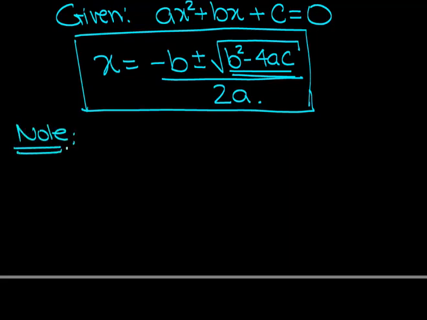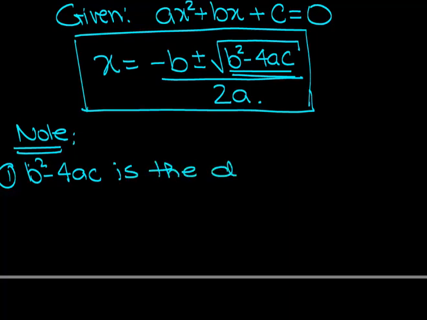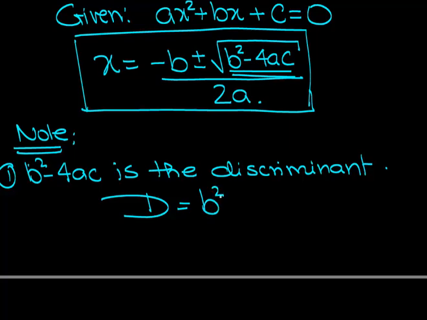Note that b squared minus 4ac is the discriminant. We've talked about that before, so let's just call it D, which is b squared minus 4ac. That's where that came from earlier.